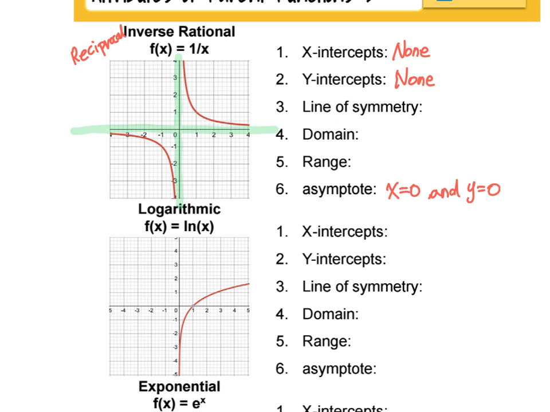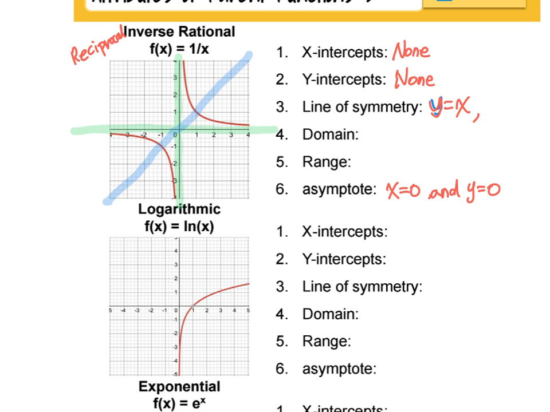And line of symmetry. This is an interesting graph. It has more than one line of symmetry. Let's draw the line this way, which is y equals x. If you fold along y equals x, you're going to have a matching graph.